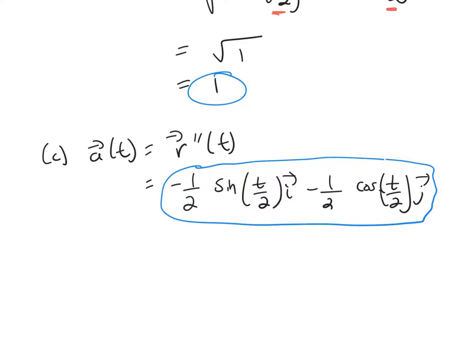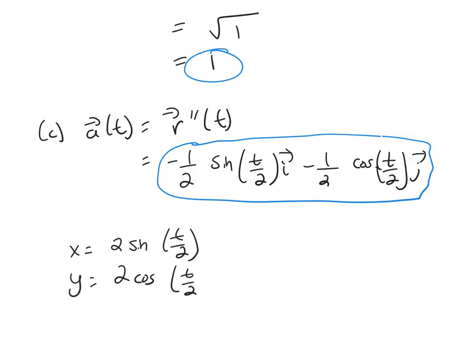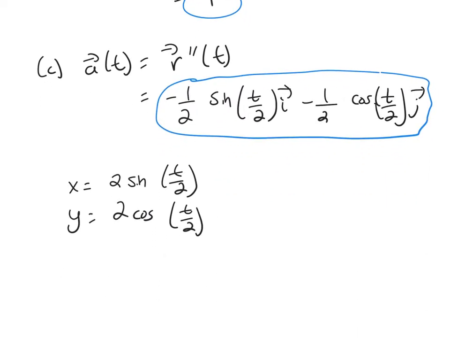Now the last thing I want to mention about this problem is if you look at your vector equation and convert it into parametric equations, x is 2 sine of t over 2, y is 2 cosine of t over 2. And if you take these and square them and add them together, you'll see that you get 4.